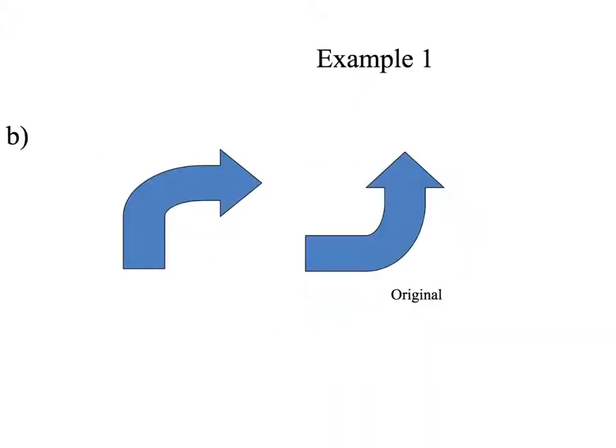So here I actually have the two figures that look similar. And we're going to try to figure out how to go from the original over here to this new one.